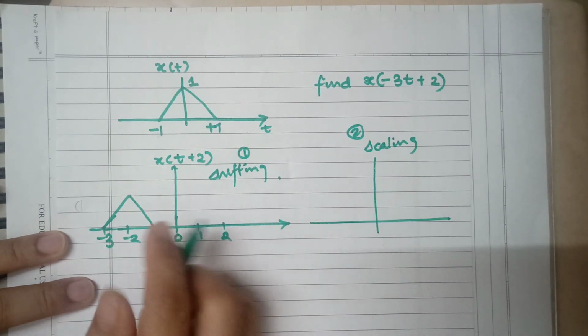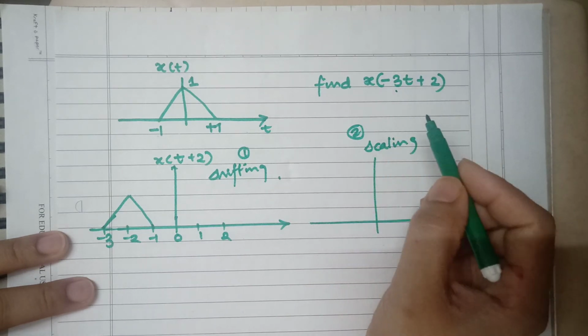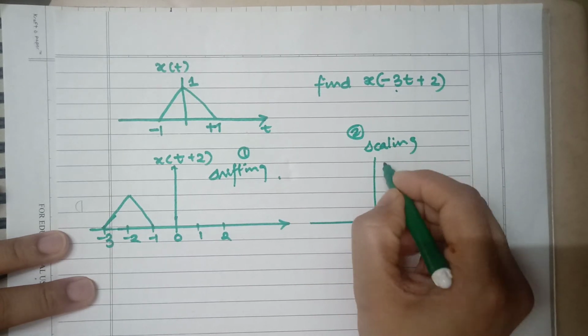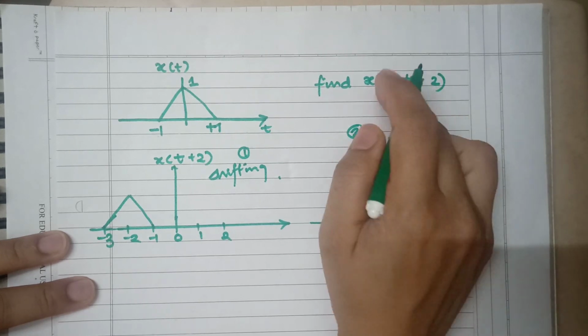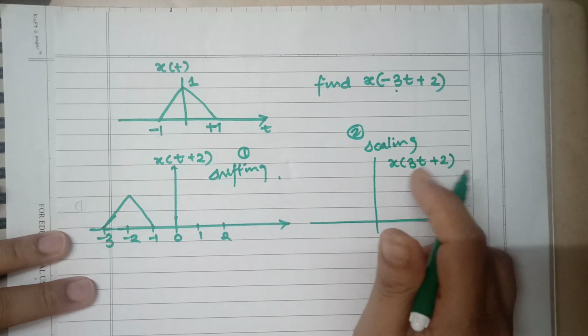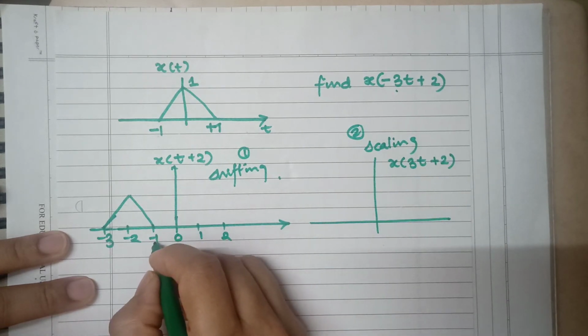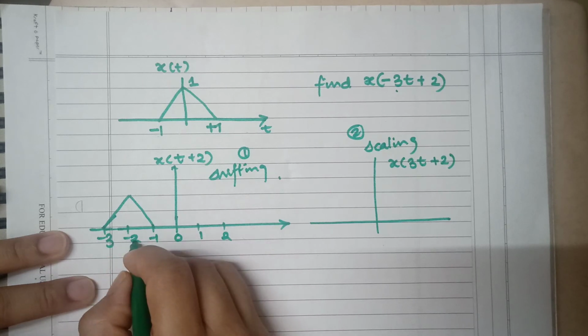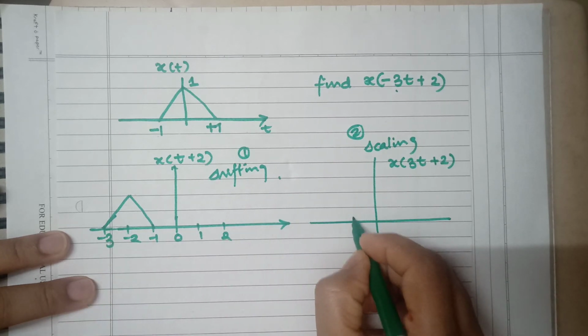So for scaling, we divide by 3, because the scaling factor is 3. Now here we are plotting x of 3t plus 2. I'm not taking this minus sign, I'm only performing the scaling operation. So minus 1 will go to minus 1 by 3. This minus 2 will go to minus 2 by 3, minus 3 by 3. That point is minus 1.